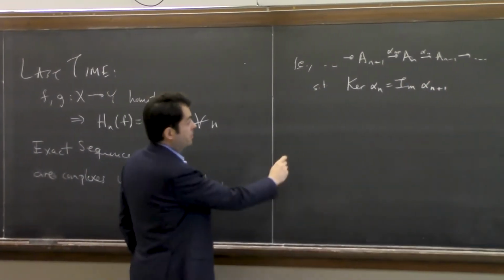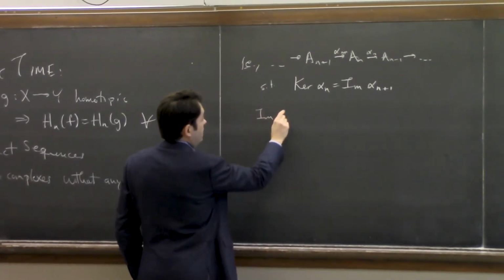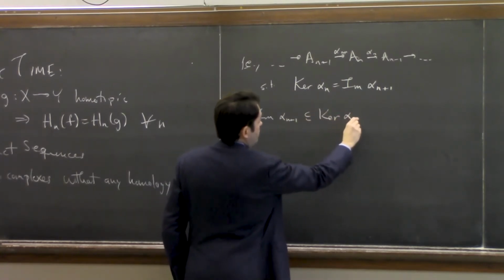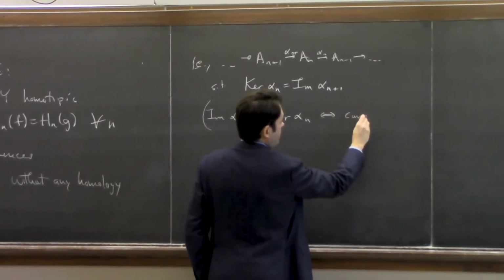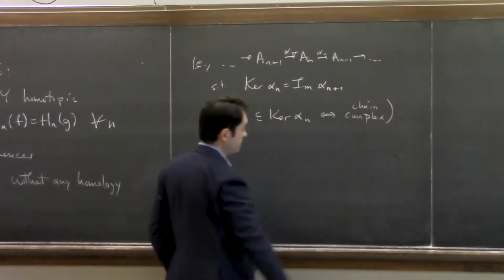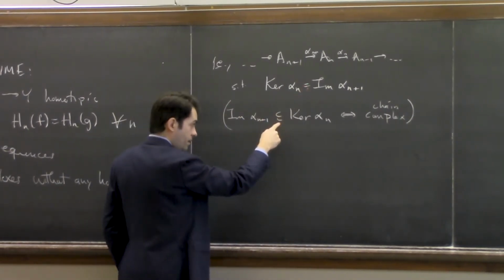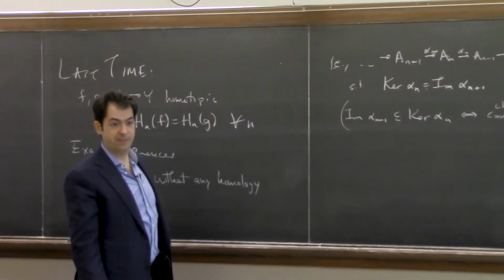Remember that the image being contained in the kernel is what you want in order to have a complex or a chain complex. For an exact sequence, you strengthen the inclusion to an equality. Same as saying there's no homology.